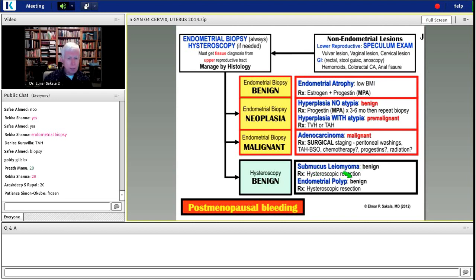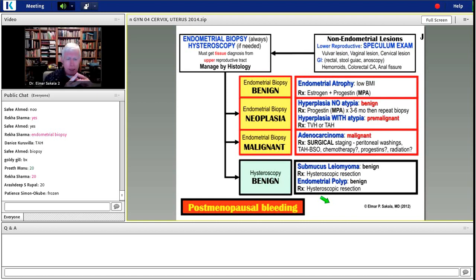So the nice thing about the hysteroscopy is it is not only diagnostic, you can find the lesion, but you can be therapeutic. Now remember, when you do an endometrial biopsy, you are doing it blind. You don't know where the lesion is. You just put in your instrument and you pull it out, and you hope you got it.